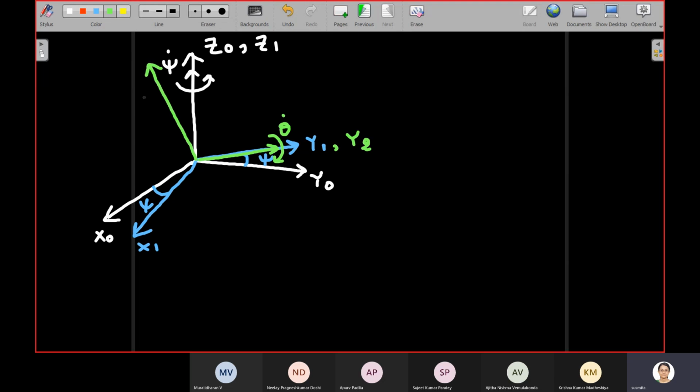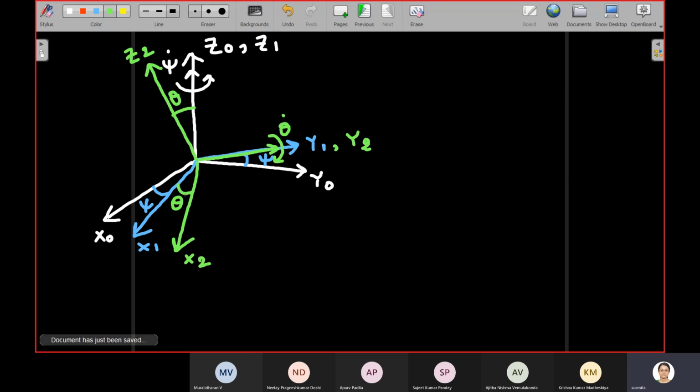So this is the new z, and this is the new x. This angle is theta. Don't think that they are all in the same plane, okay? We are showing 3D in 2D, that's why they appear to be in the same plane, but actually they are not.